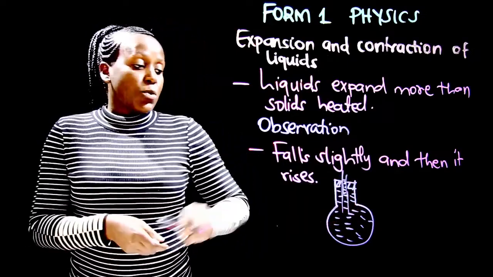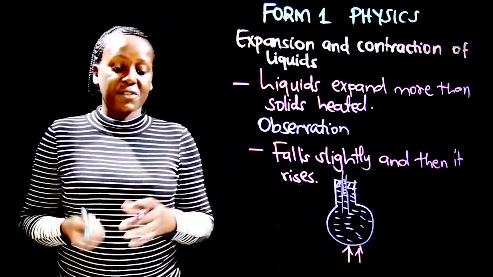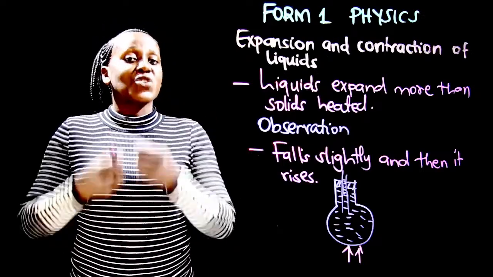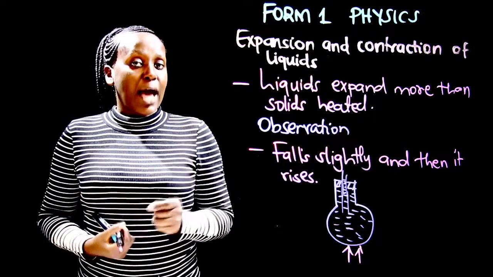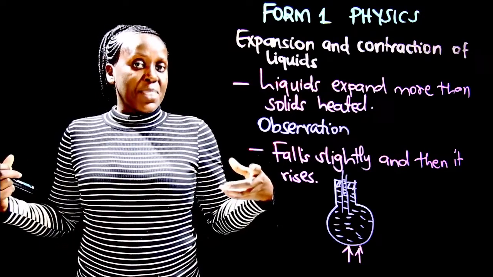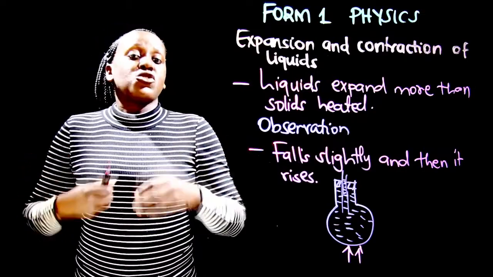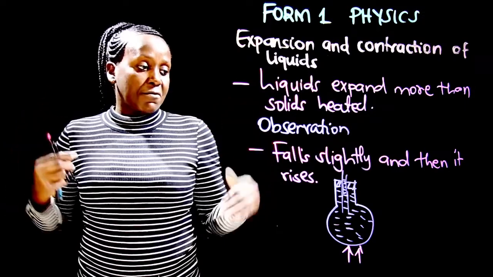Now when we heat the flask, it is the glass of the flask that first comes into contact with the heat. So the glass of the flask is heated first, and when that happens, it expands. That is before the heat gets into the liquid. So when the glass expands, more space is created inside the flask.